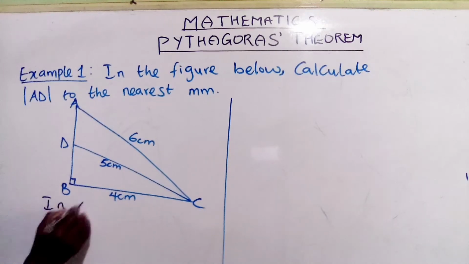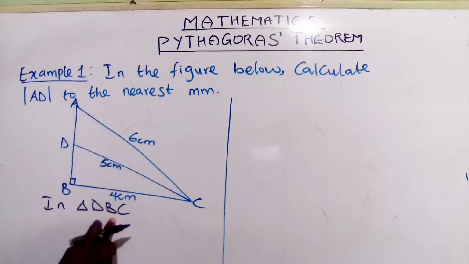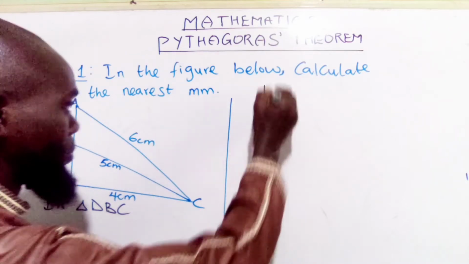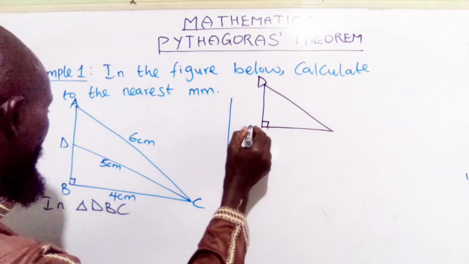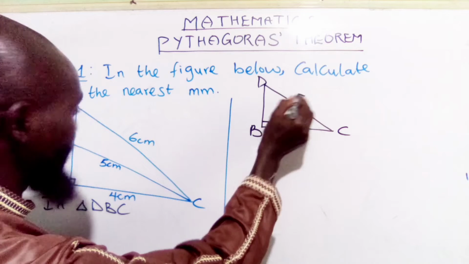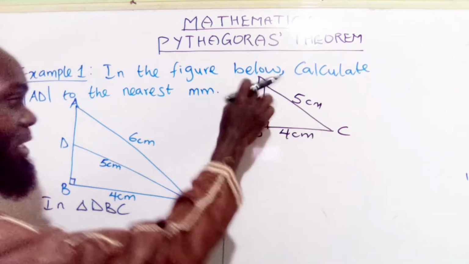In triangle DBC, don't forget your angle is at the center. When you take out triangle DBC, we have the triangle this way. So DC is 5 cm, while this one is 4 cm. So we want to find DB.